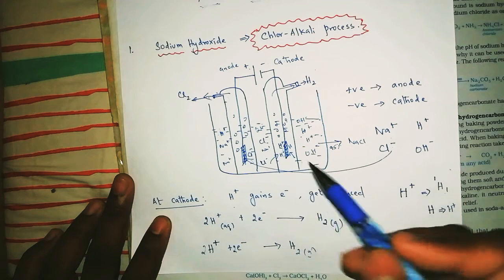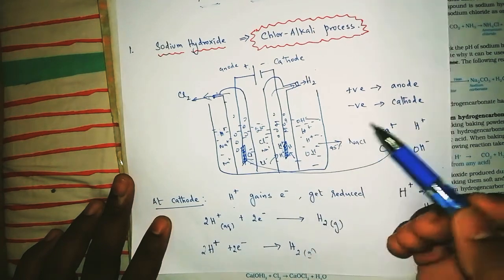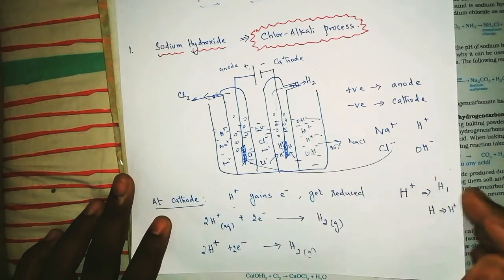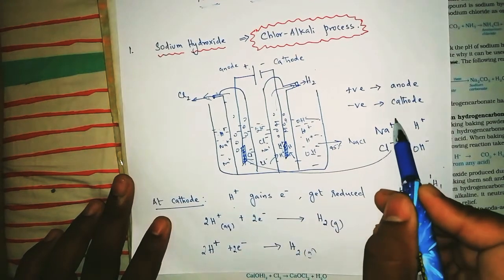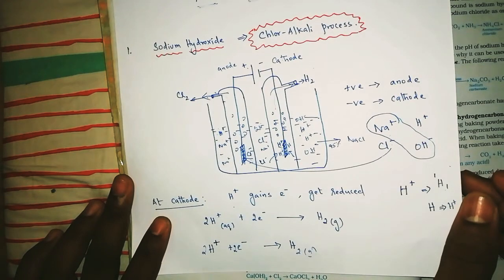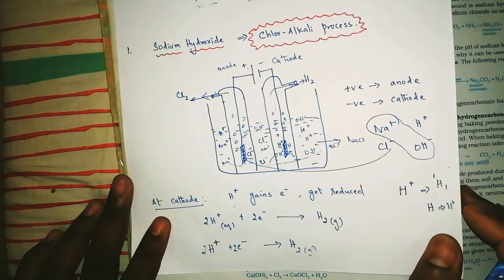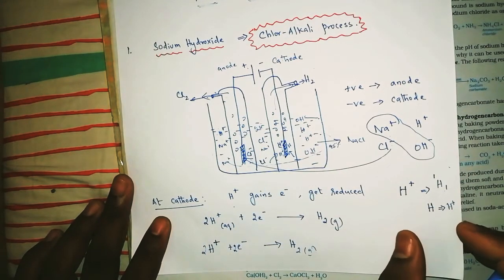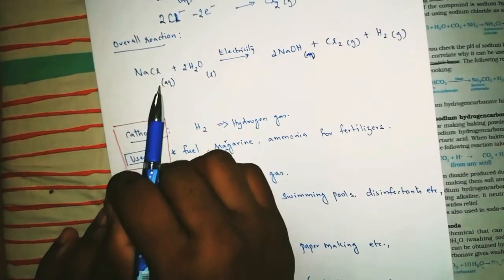Hydrogen gains an electron, getting reduced, and it comes out as hydrogen gas. Now, two things are missing here. What are they? One is sodium, another is hydroxide, right? And this will remain in the solution itself. Clear?